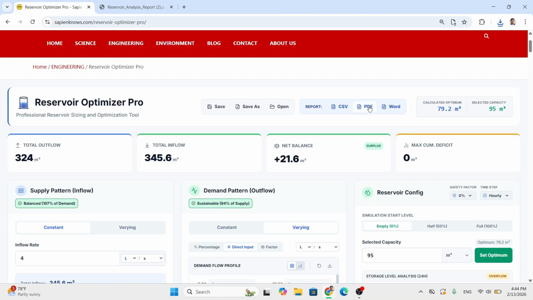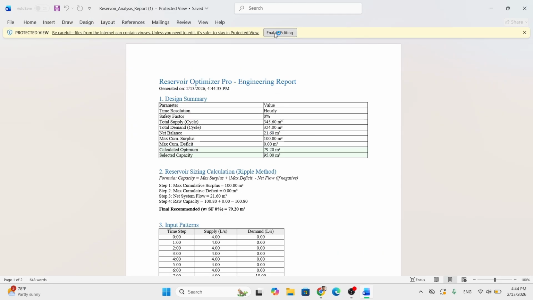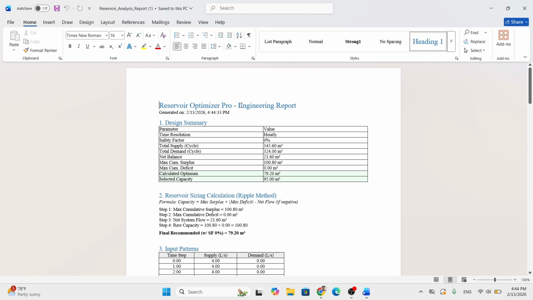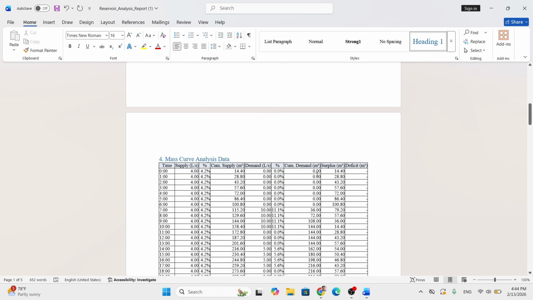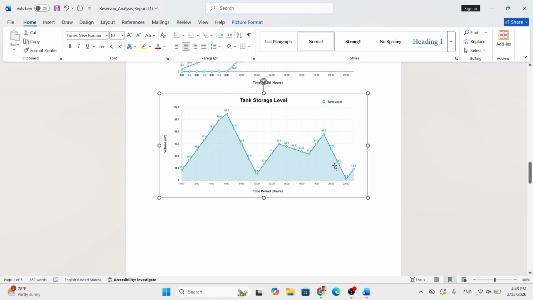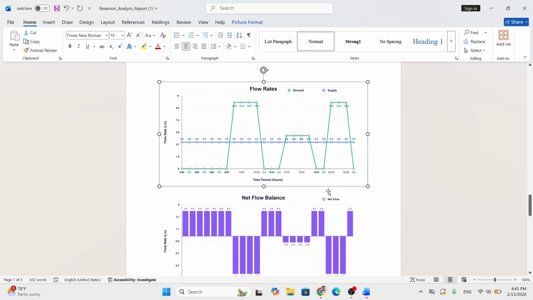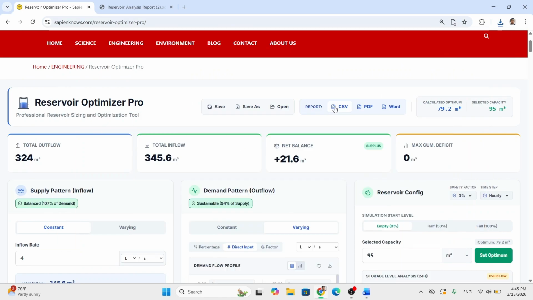You can also put it in Word file, if we have to edit some things. This is the same but in editable form. You can also export in CSV.